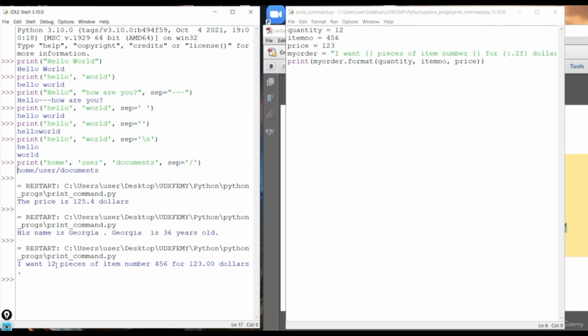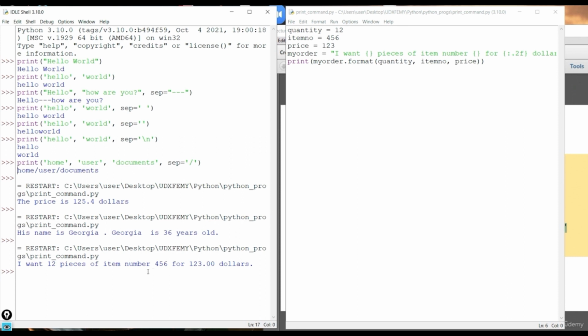I want 12 pieces of item number 456 for $123.00. Since this is an integer, after that 2 digits will be used, and for the places of 2 digits, zeros are used.